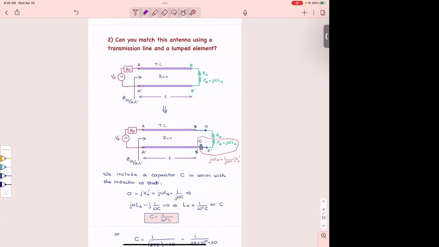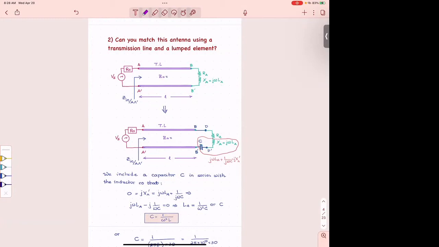Capacitor. Whenever you want to cancel an inductor, you cancel an inductive load with a capacitive load. So if I could put a capacitor in series to this, then what would this load be at BB prime?